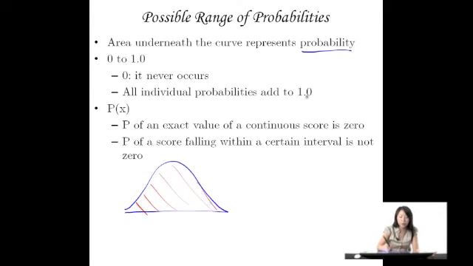So all individual probabilities, this one, this one, this one, all of these add up, from negative infinity to infinity, to 1, right? Now, a probability of 0 means that that value never occurs. And by never, I mean like never, right?